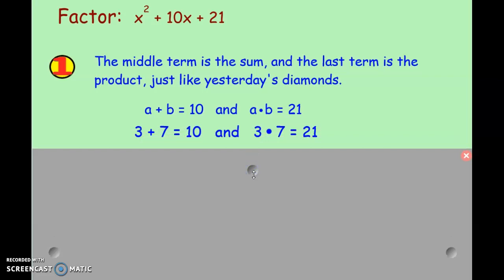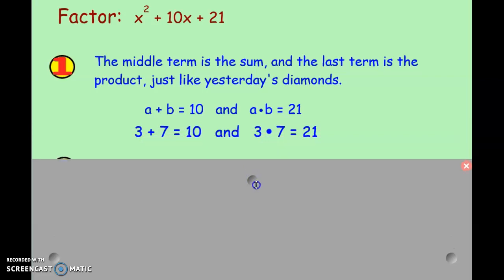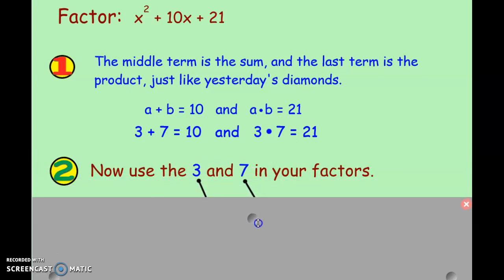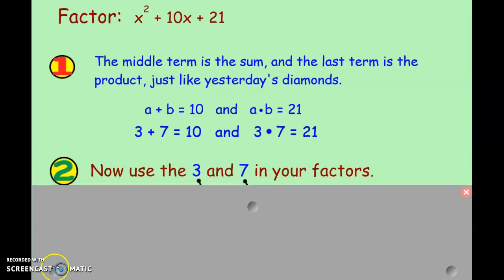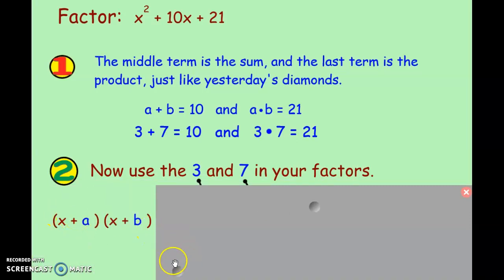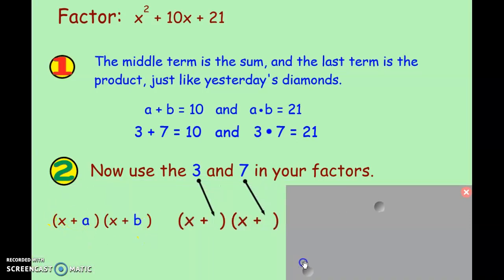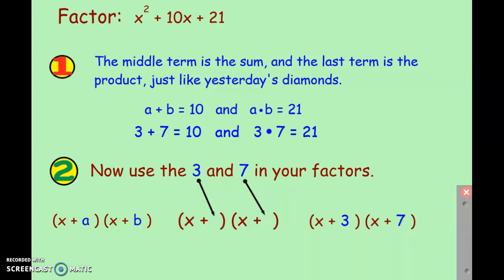Three plus 7 equals 10, and 3 times 7 equals 21. Now we're going to use the 3 and 7 as my factors. In place of the a and b, we're going to put in the 3 and the 7 to end up with this as the answer.